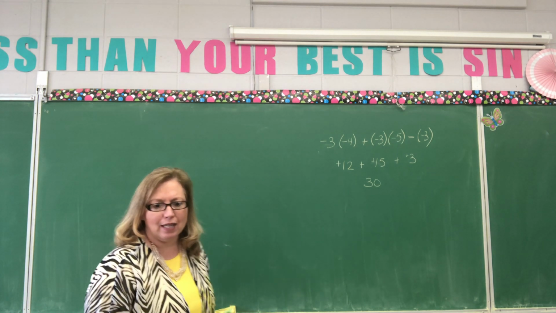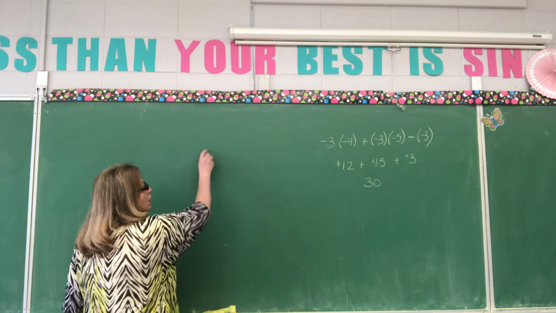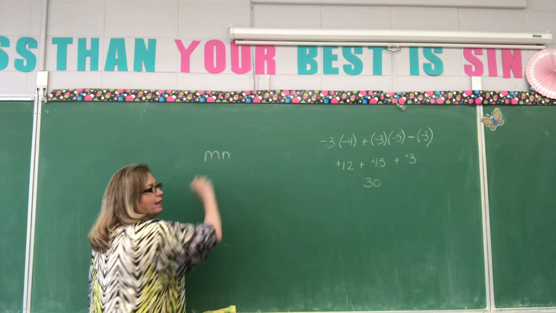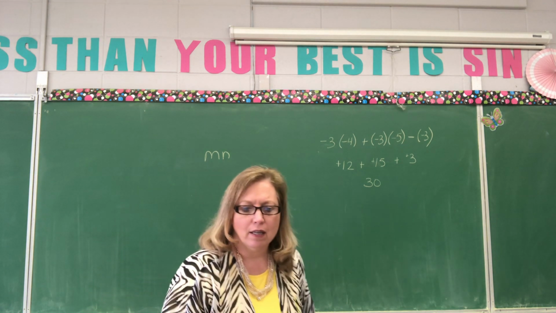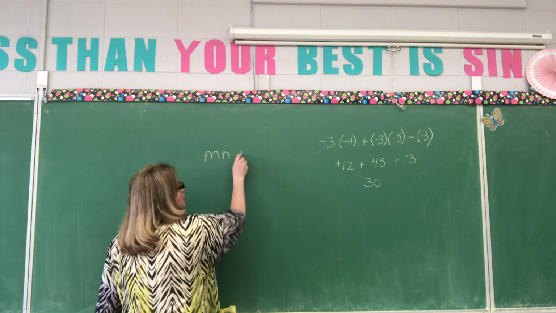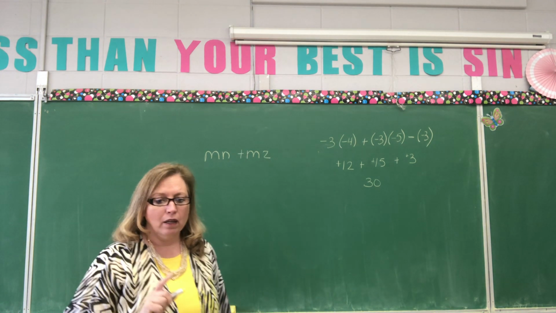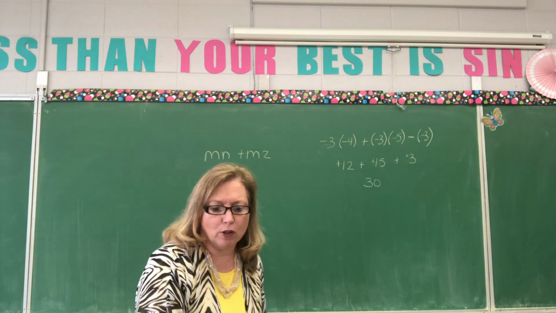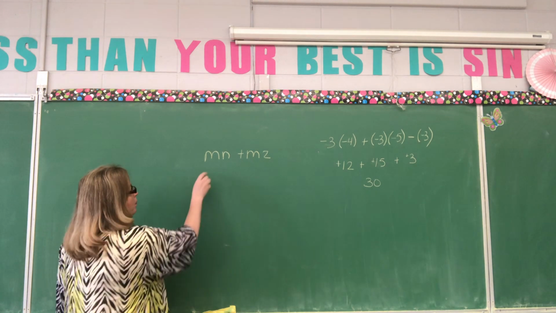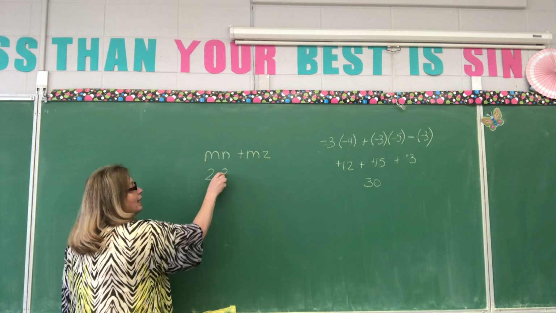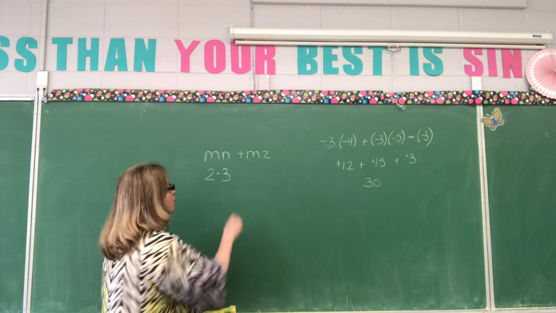So the problem was this. Evaluate m times n plus m times z. That means to multiply. If m equals 2, n equals 3, and z equals 5.